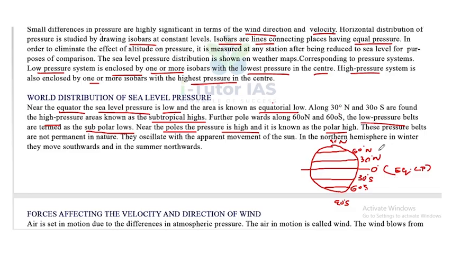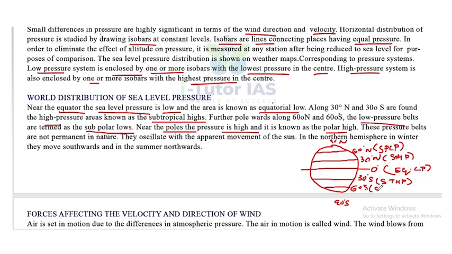Now second one, this area, that is subtropical high pressure. This is also subtropical high pressure. Now 60 degree north and 60 degree south, they are low pressure belts, so they are known as subpolar low pressure.